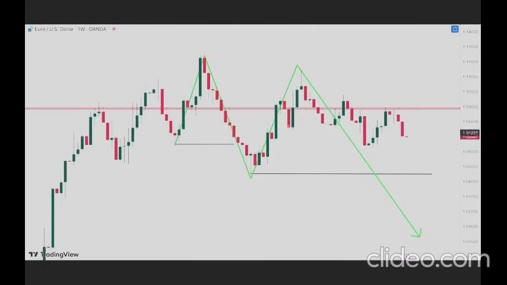So the market will drop. Let me take this out. So this is all about weekly time frame.